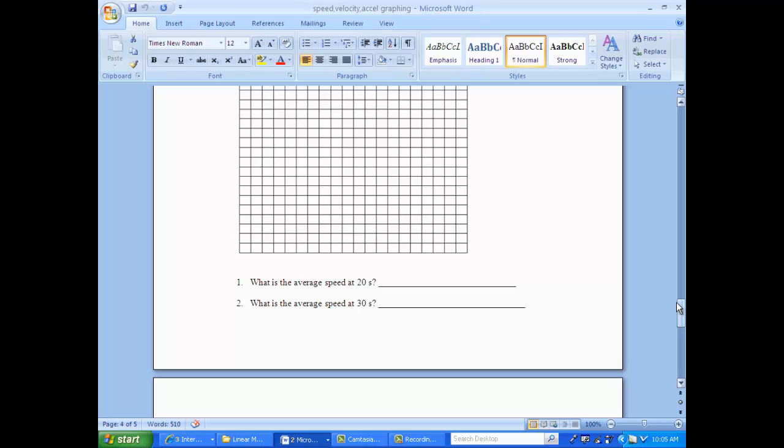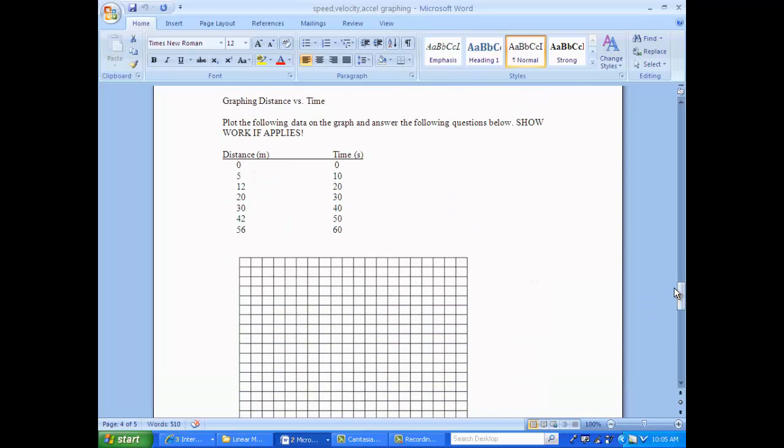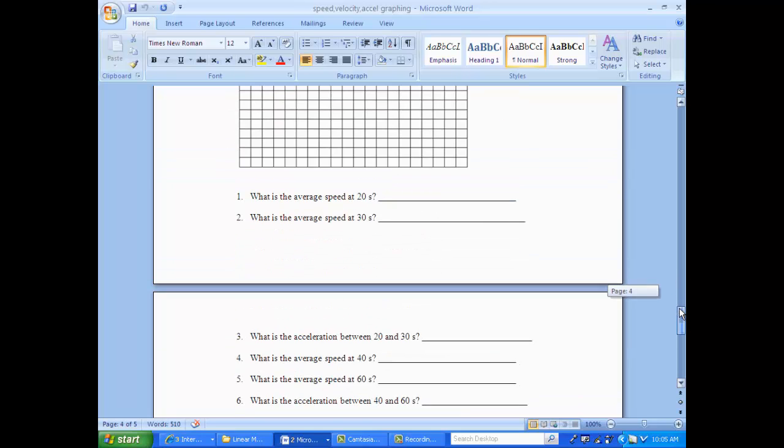That's nothing more than distance over time. So for 20 seconds, distance 12, time is 20. Can someone tell me what the average speed at 20 seconds is going to be? 0.6. It's a speed, so it's meters per second. Very good.